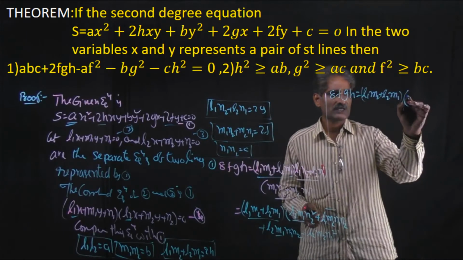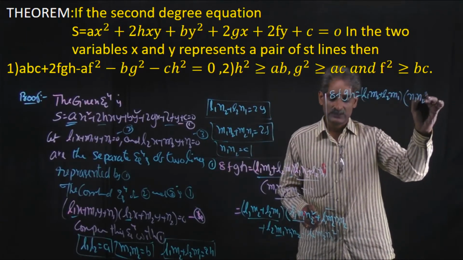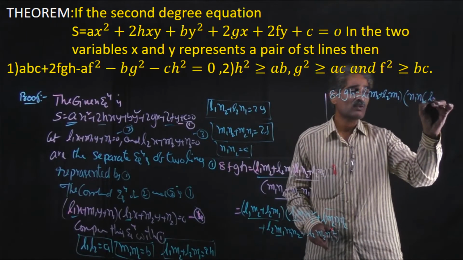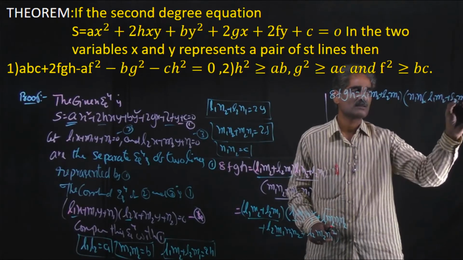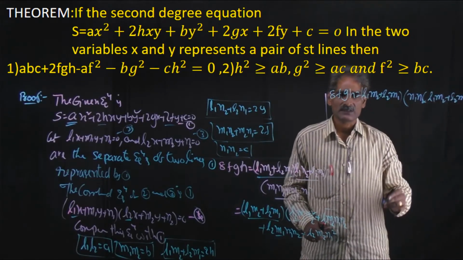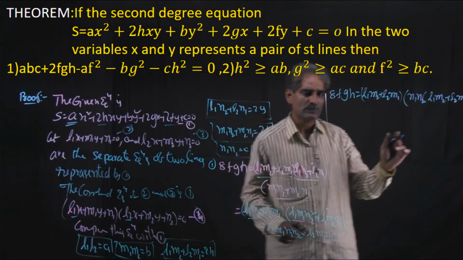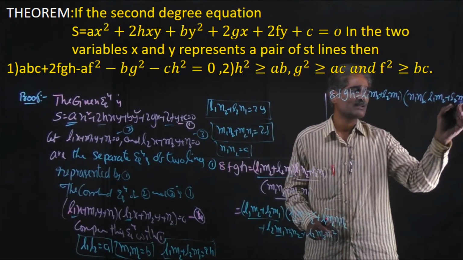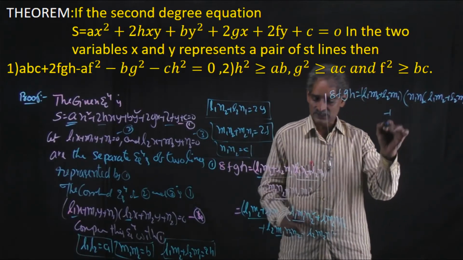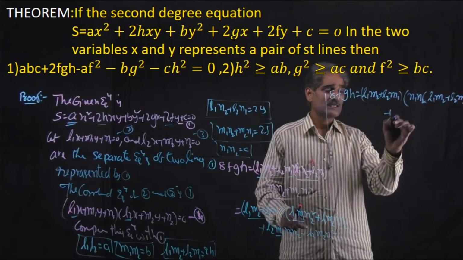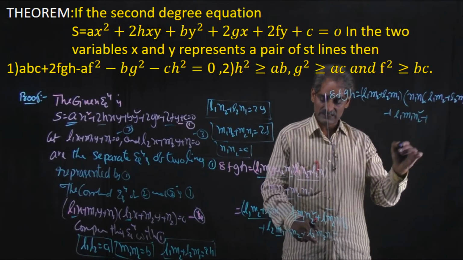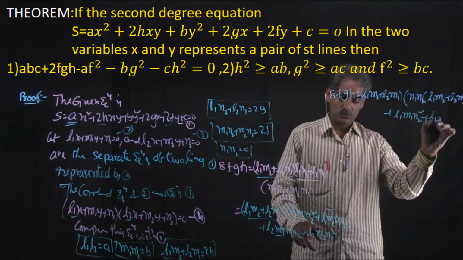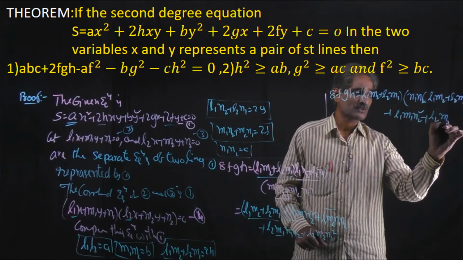Then you get N1 N2 into L1 M2 plus L2 M1 plus, just write down the remaining terms, L1 M1 N2 square plus L2 M2 N1 square.